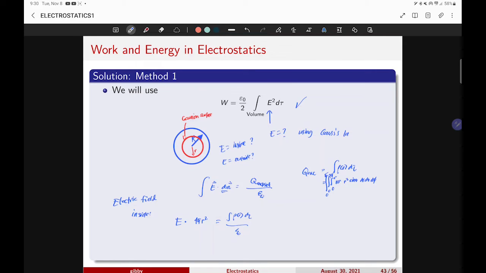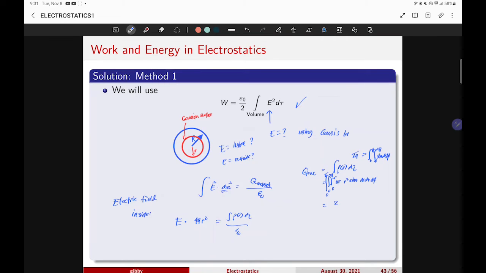So if you integrate that, take note that the integral from 0 to pi or 0 to 2 pi of sin theta d theta d phi is just 2 pi. Okay?